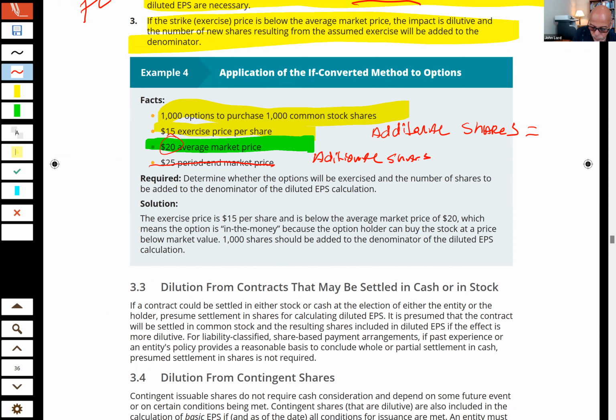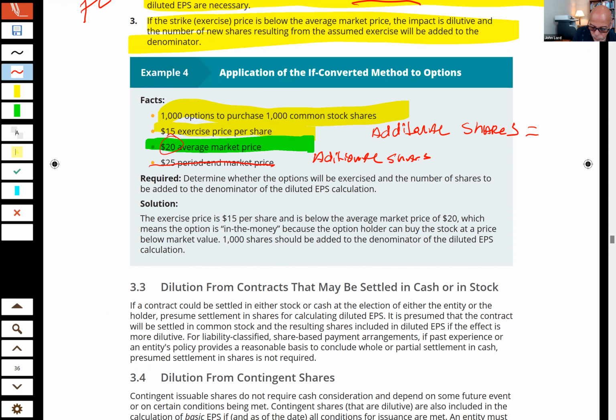And in this particular example now, we have what? We have the 1,000 shares that are going to come in. 1,000 shares are going to have to be purchased, and they're going to have to give us what? $15 per share.